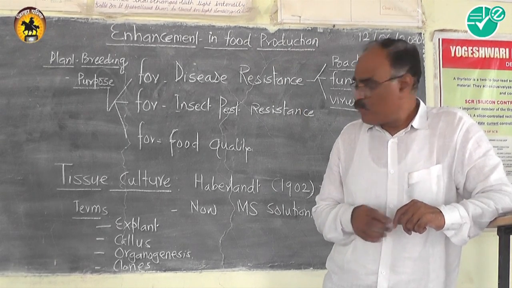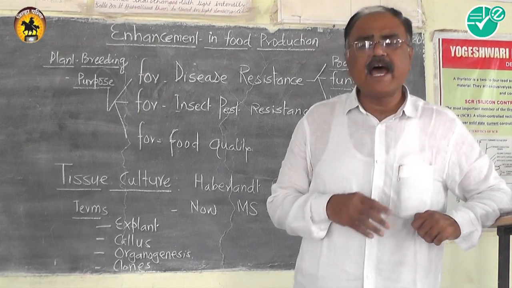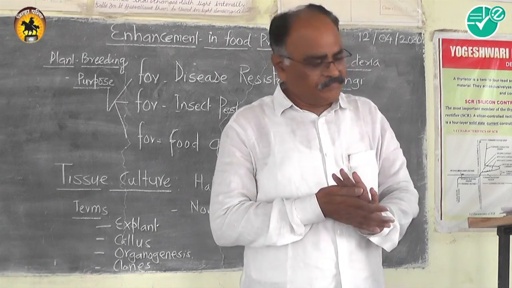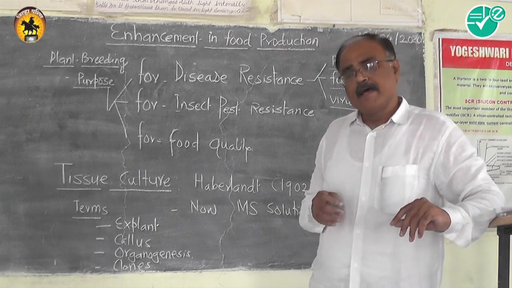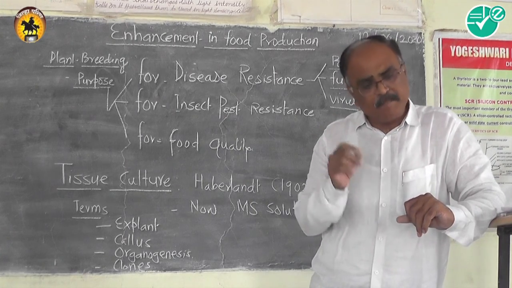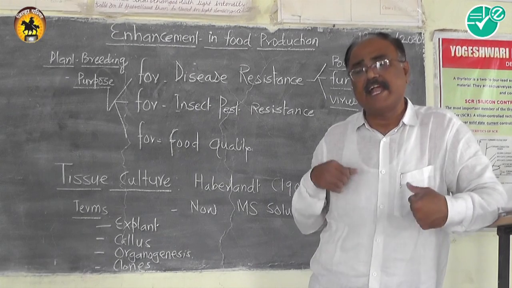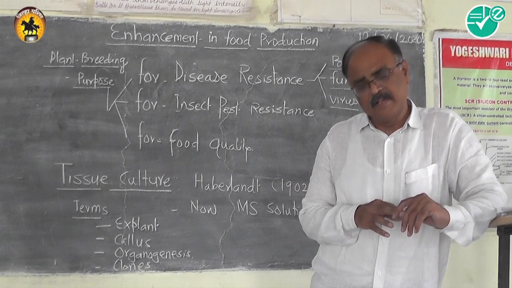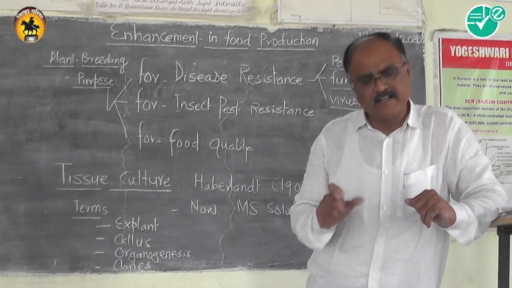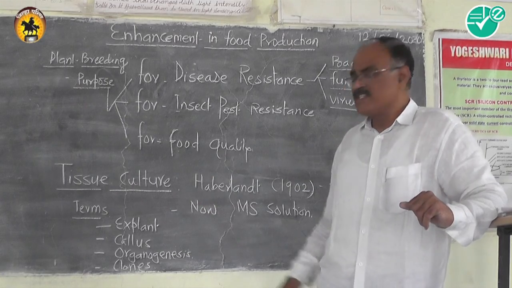We must note here that a plant cell has the potentiality to generate an entire plant. A single cell can generate an entire plant. This is totipotency, and by considering this ability, this branch flourished.